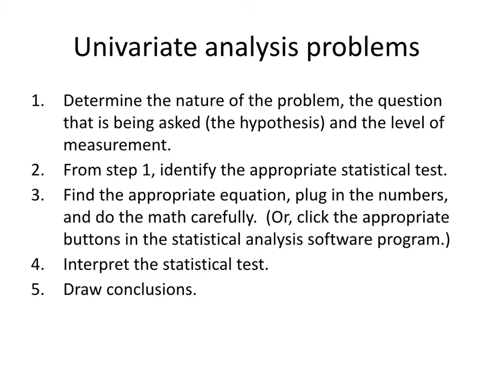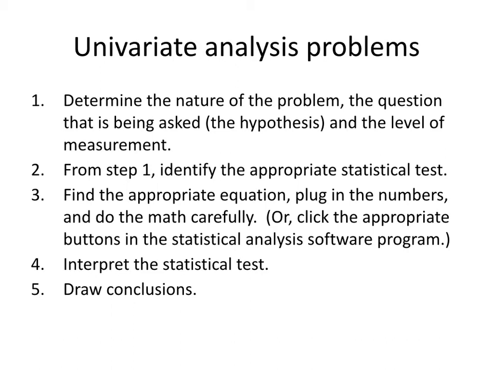All right, let me put what I've said so far into context for conducting univariate analyses. The first step is to determine the nature of the problem. Identify the question that's being asked, the hypothesis, and the level of measurement that was done with the sample. From that, one can identify the appropriate statistical test.